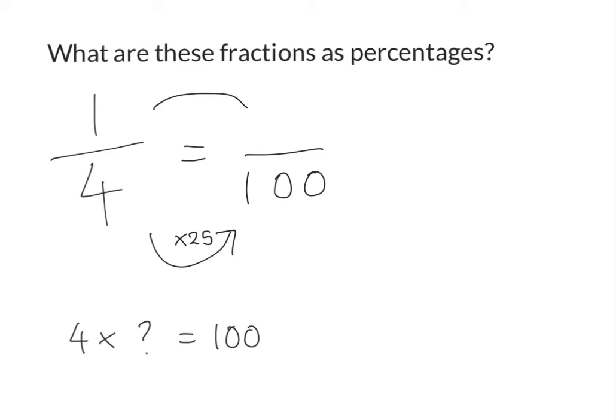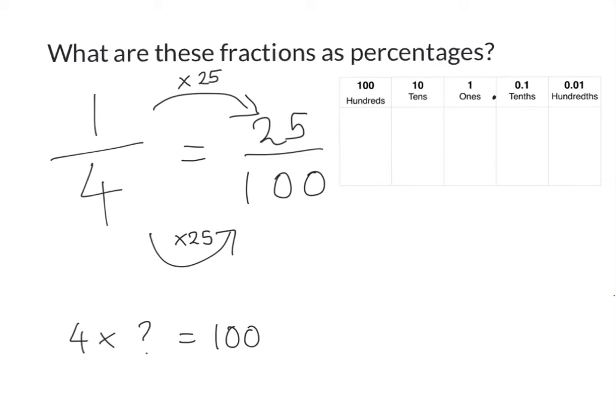And it means I have to do the same to the top number. 1 times 25, that's quite easy. 25 hundredths. So then I can see that 1/4 as a decimal is going to be 0.25, and as a percentage, 25%. And that's quite a common one, so it's probably worth learning that one.